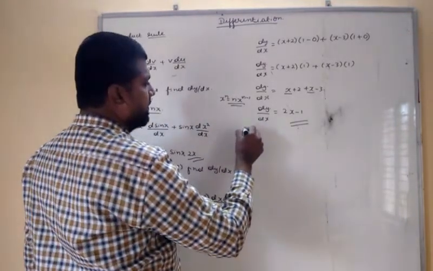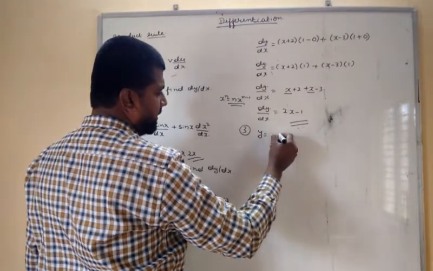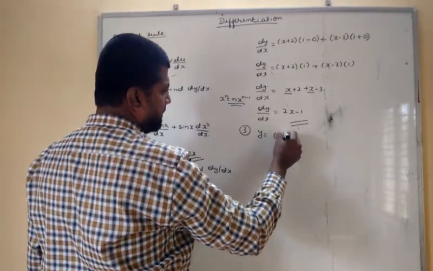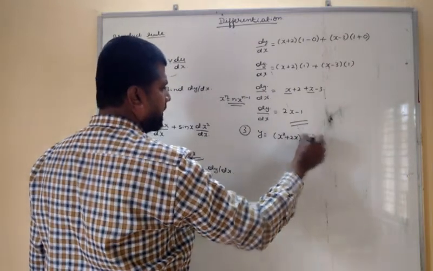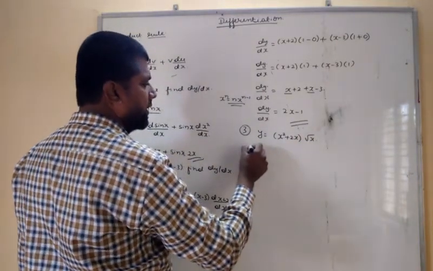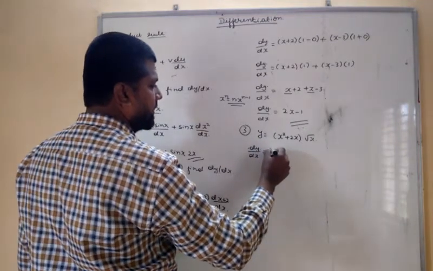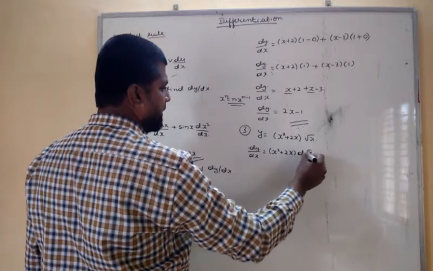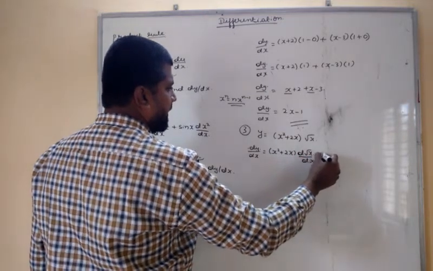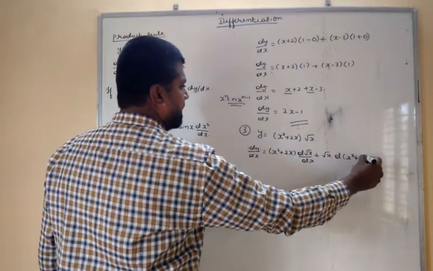Third problem: y is equal to x square plus 2x into root x. Let us apply the formula here. Differentiation of y with respect to x is equal to the first function x square plus 2x into the differentiation of the second function, plus the second function into the differentiation of the first function.